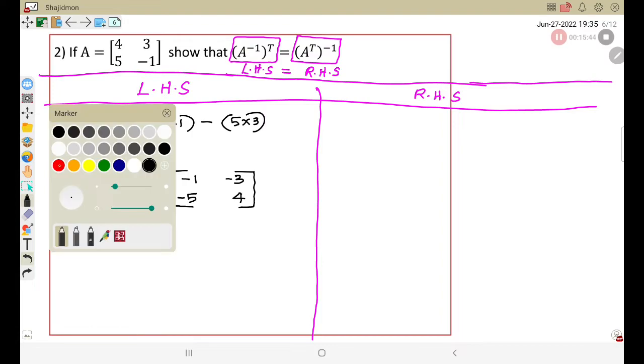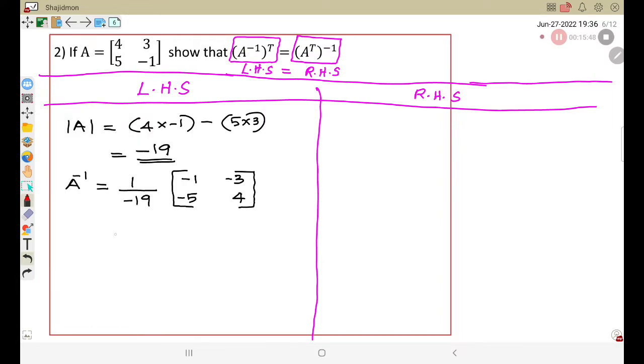Okay, now after that, 1 over minus 19 you can multiply to the inside. So what matrix are we getting? First number: minus 1 by minus 19 multiply minus 1. So 1 multiply minus 1 divided by minus 19; the minus minus will cancel, you will get 1 over 19.